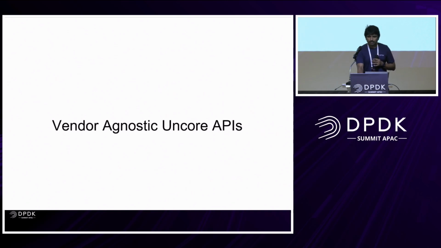The second part is about the vendor agnostic Uncore APIs. We talked about generic core and Uncore drivers, and now I want to talk about the specific enhancements that we plan to propose and implement for the Uncore part.